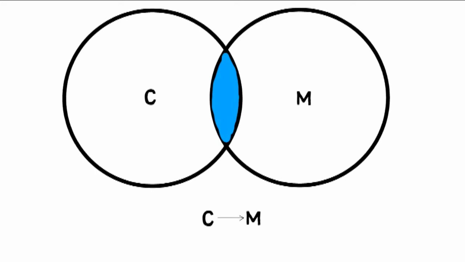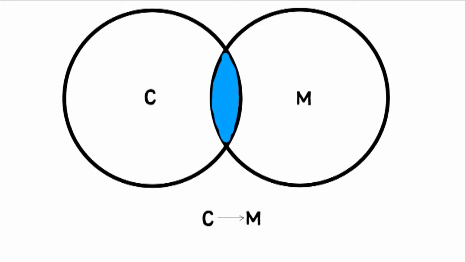Because the only place that we can locate cats is here in this overlap place where it's also M. So if there's a C, it has to be here in this middle area where it overlaps with M, because if it's a cat, then it's a mammal. So if it is a cat, it's got to go here where it overlaps with mammals to express that conditional.